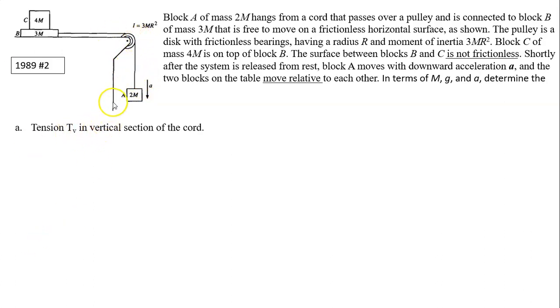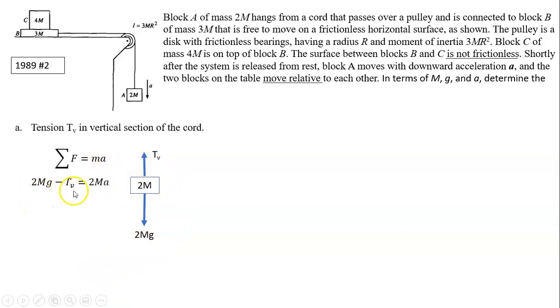We have to find the tension in the vertical section, so we use net force equals ma. Let's consider the forces on 2m. There is a vertical tension and a downward gravitational force. The net force between these two produces acceleration. So 2mg minus TV equals 2ma. Easily you can figure out TV equals 2m times g minus a.